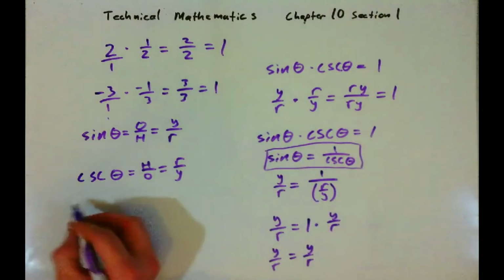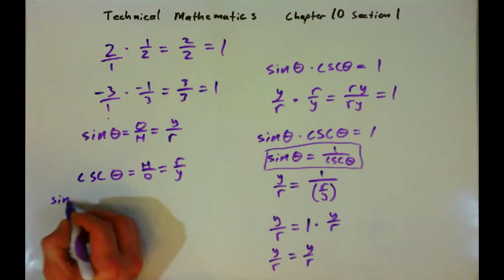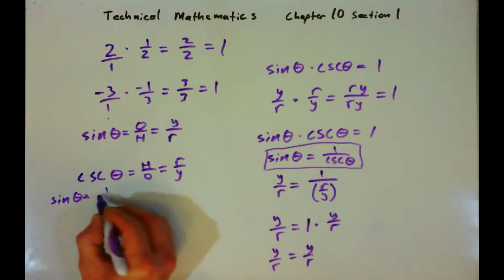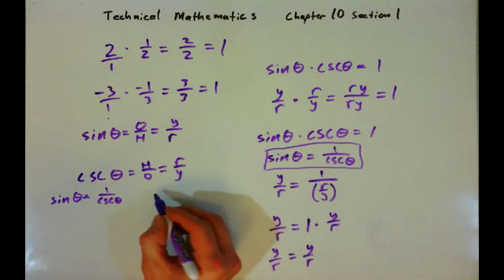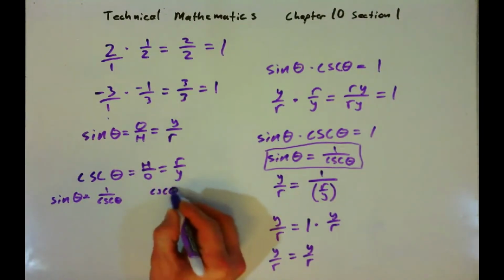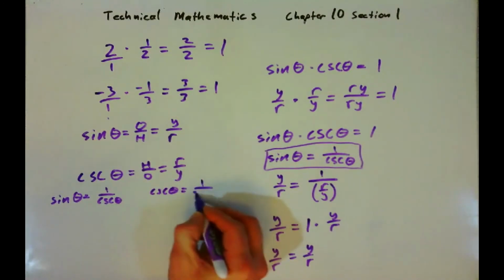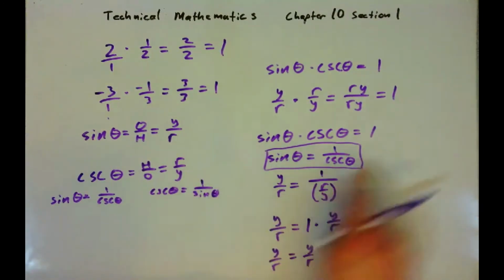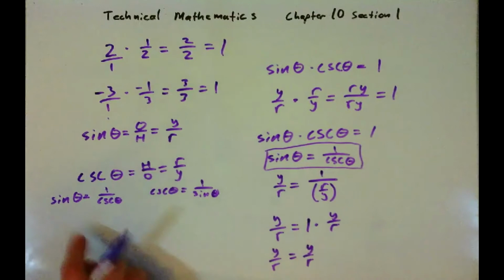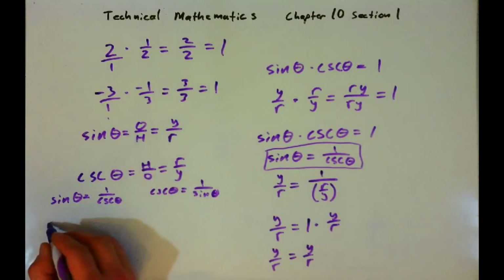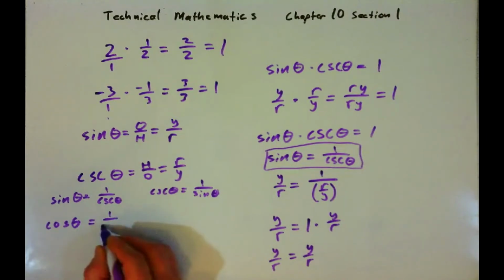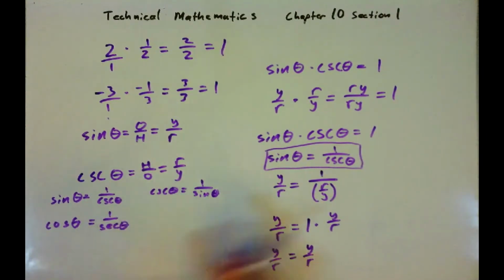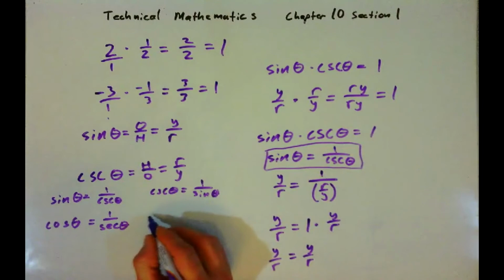And so we can summarize that the sine of theta is equal to 1 over the cosecant of theta. The same will be true that the cosecant of theta is 1 divided by the sine of theta. And I can prove this in exactly the same way. Same thing is true for the cosine of theta. That is equal to 1 divided by the secant of theta. And again, I could prove this in exactly the same way.